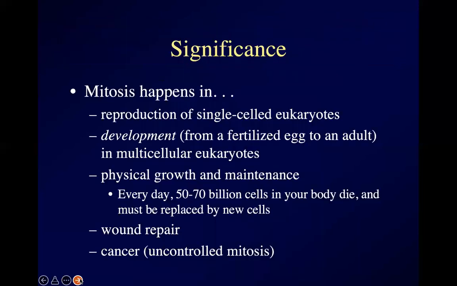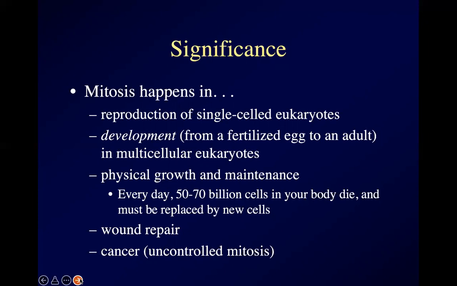Okay, why should any rational person care? Well, mitosis is the way that single-celled eukaryotes reproduce. It's how you get one amoeba to become two. It's the way that multicellular eukaryotes develop. And when we talk about development in biology, we mean the process by which you go from a single cell to 2, 4, 8, 16, 37 trillion in you.